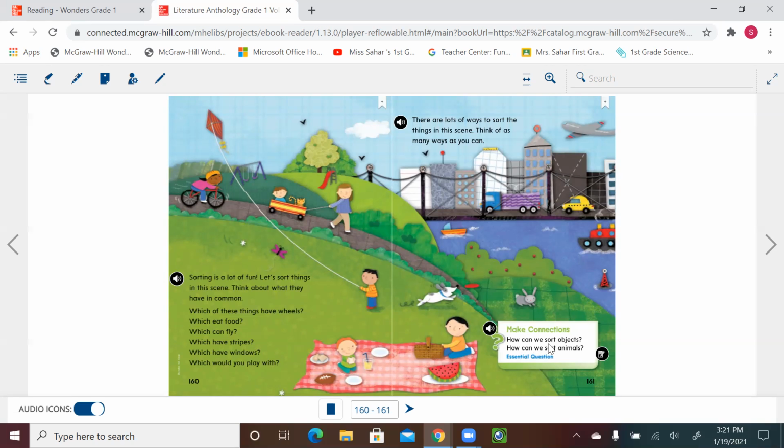So how can we sort objects? We can sort them using different things. We can use shapes, color, size, and also we can go by pattern. We can also say who has wheels, who has windows. And how can we sort animals?